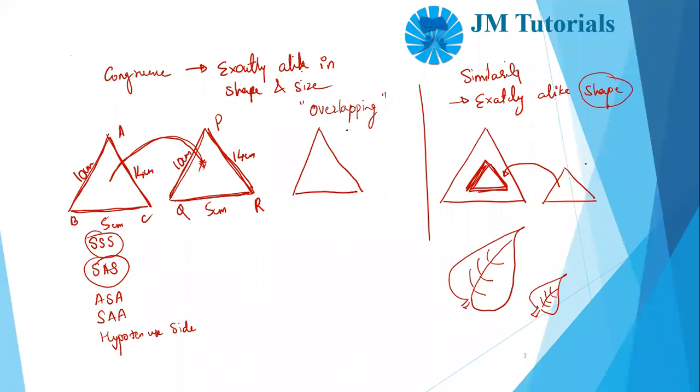So basically, their shapes are exactly alike, but their sizes are not the same. In such a case, it's an example of similarity. Now, one very important thing I'm telling you: objects which are congruent are always similar, but not vice versa.